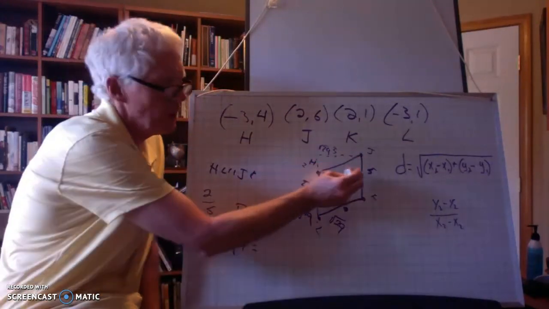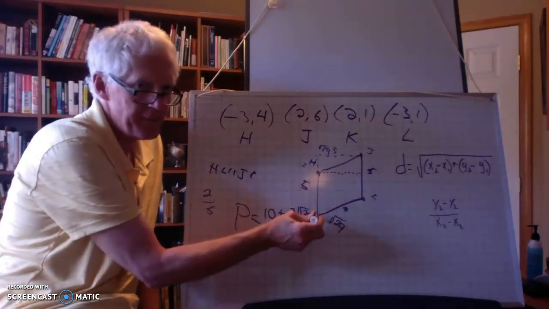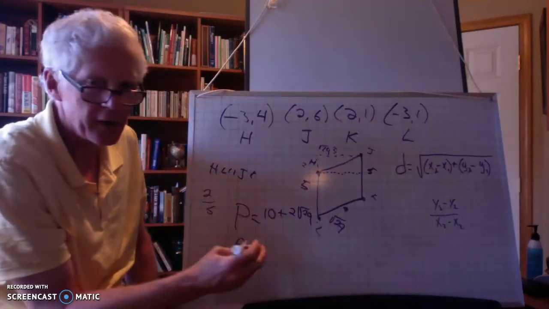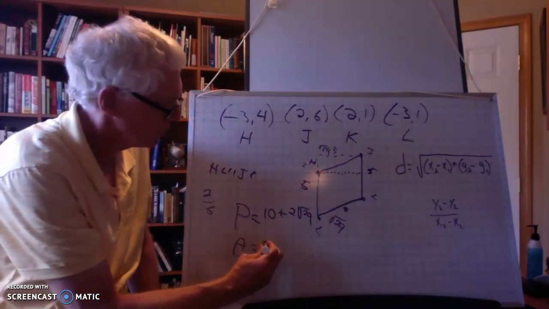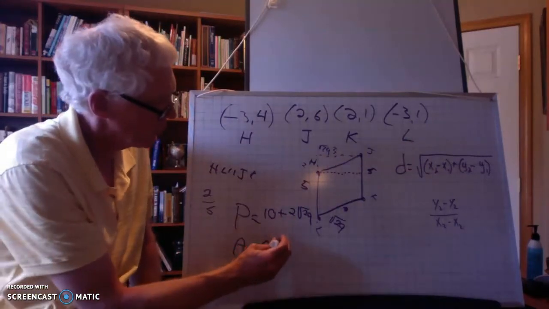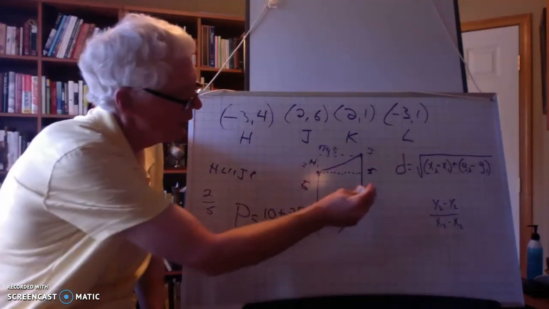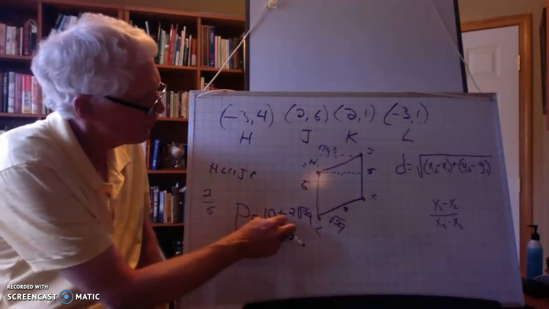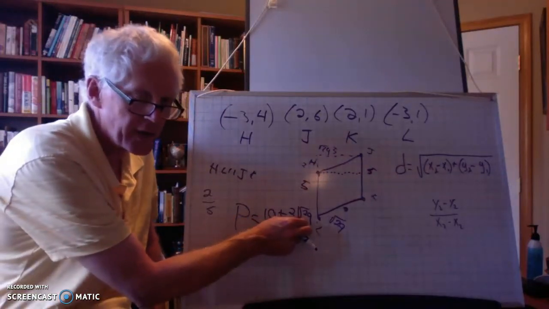So we have a base of 5, a height of 5. So the area is 5 times 5, which is 25 square units. And the perimeter is 10 plus 2 root 29.